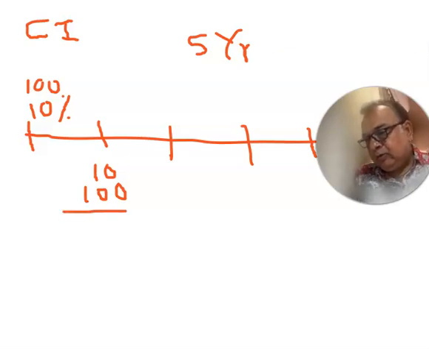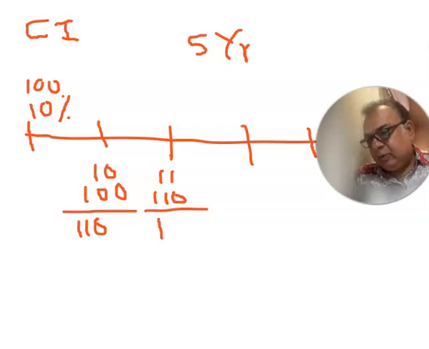Total amount will become 110. Now here you will earn interest of 11 rupees. This 11 rupees is added; this 110 becomes the principal amount. Added here, this will become 121.